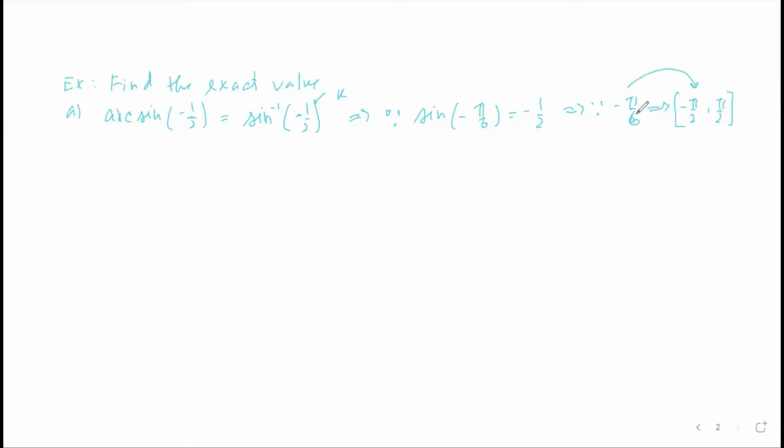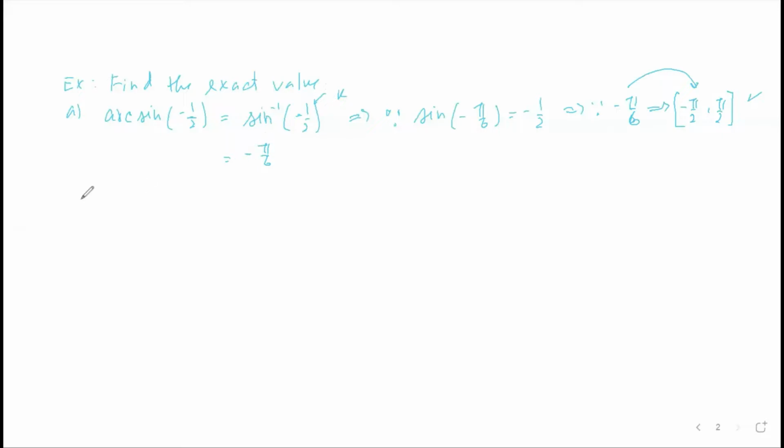The definition of the inverse sine function from the first page, remember? The one with the restriction for the domain. So this one drops in there, so this one works. So we can say arc sine of -1/2 equals -pi/6.